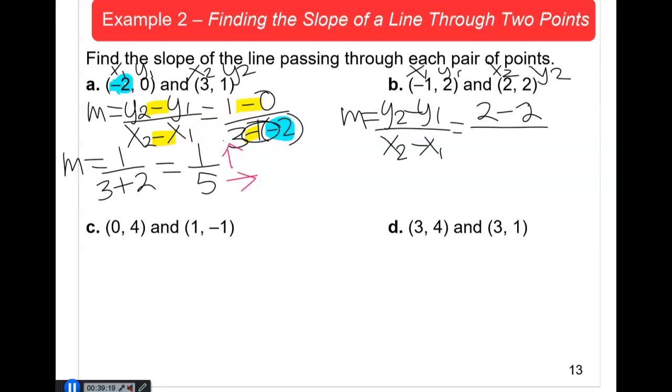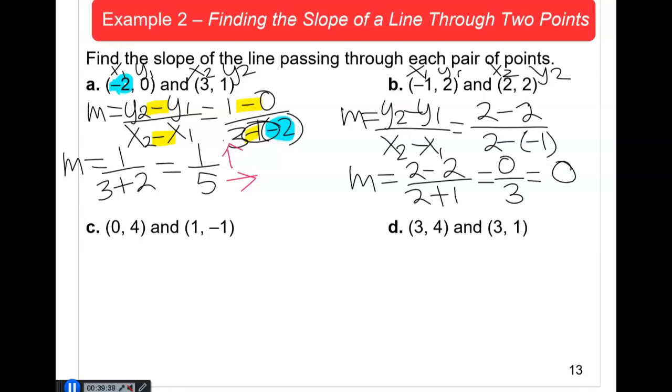Over x sub 2, which is 2, minus x sub 1, which is negative 1. So here we get 2 minus 2 and 2 plus 1. So we will have 0 over 3, which is equal to 0. So remember, when you have a slope that is equal to 0, that implies that you have a horizontal line.